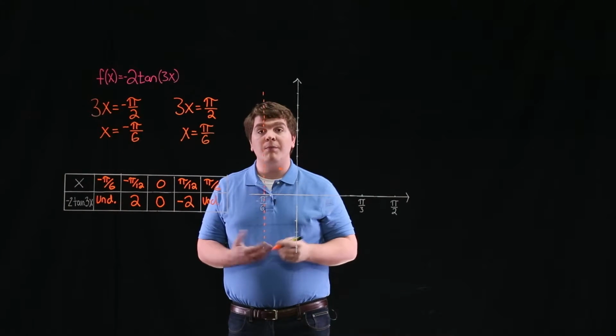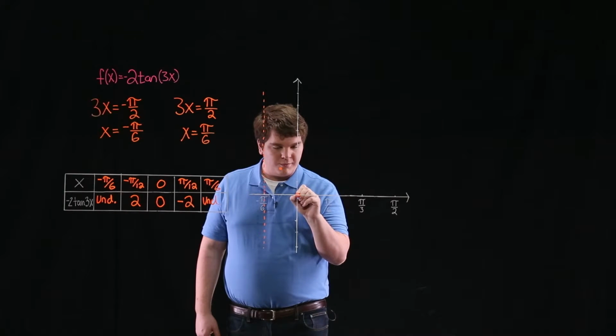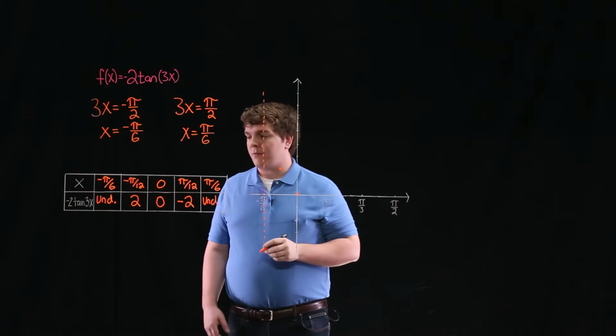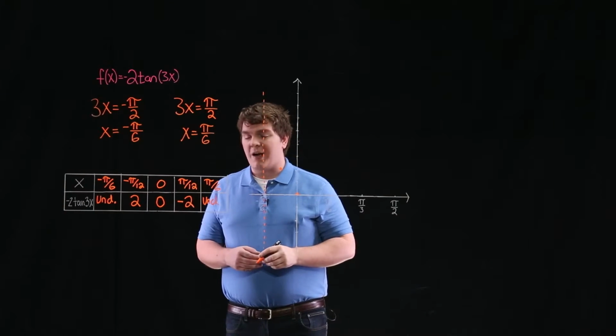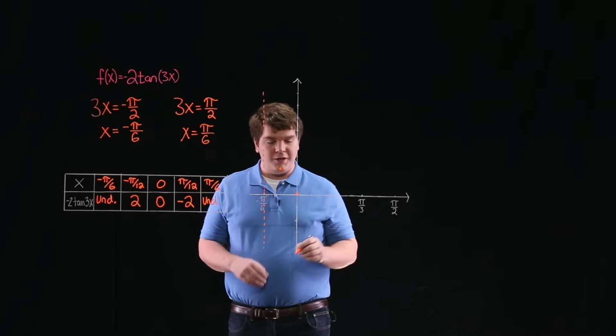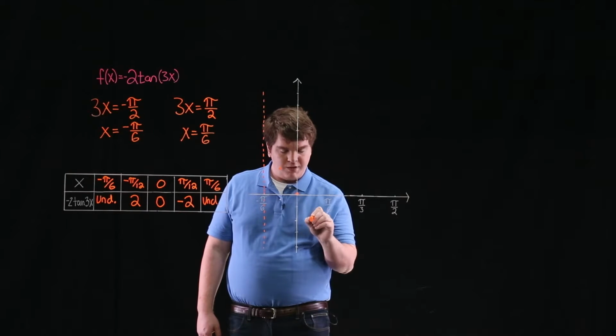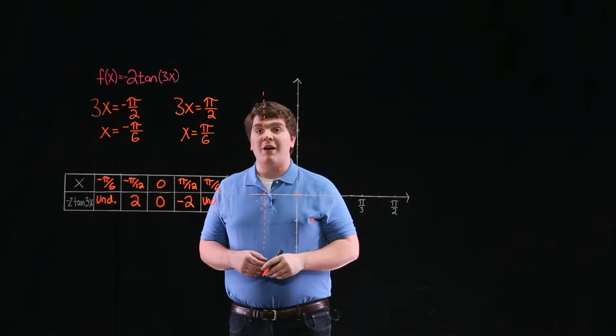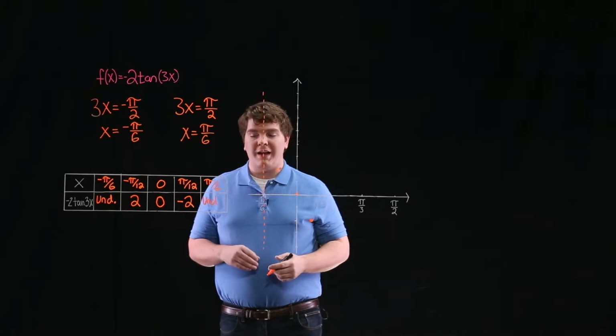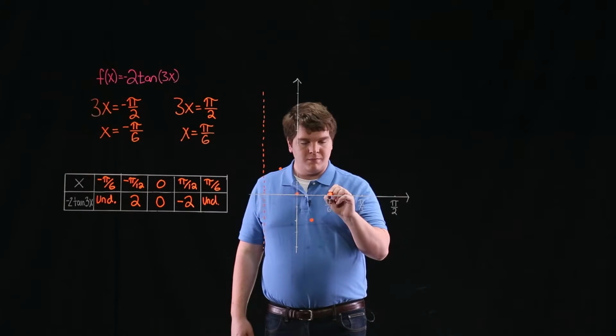When x was equal to 0, our function value was also 0. When x was equal to pi divided by 12, our function value is -2. And when x was equal to pi/6, we had a vertical asymptote at x equals pi/6.